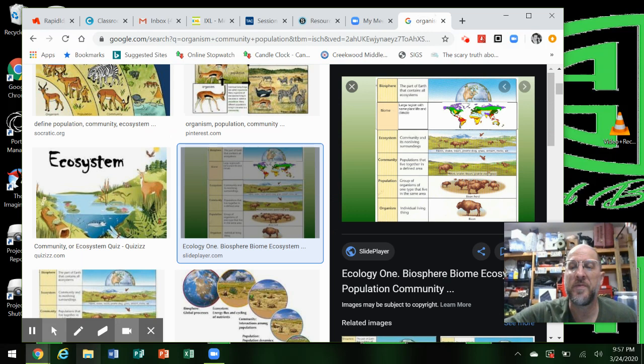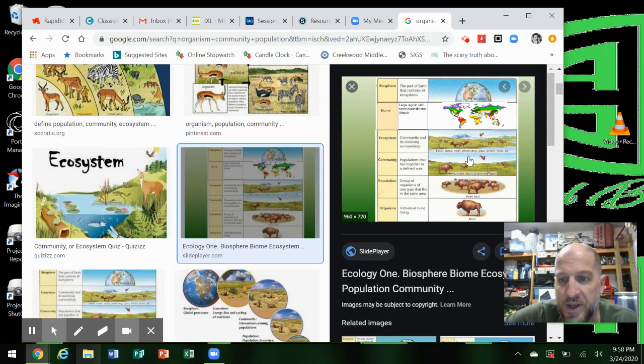Let's look at our picture. So you've got a herd of bison. I called them buffalo, but I meant bison. They're very similar animals. And then you've got a herd of them, and that's your population. See the word population there? And then you have the bison living with the prairie dog and the snake and the hawk and the grass.